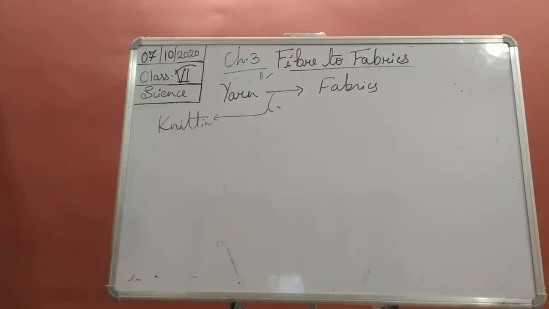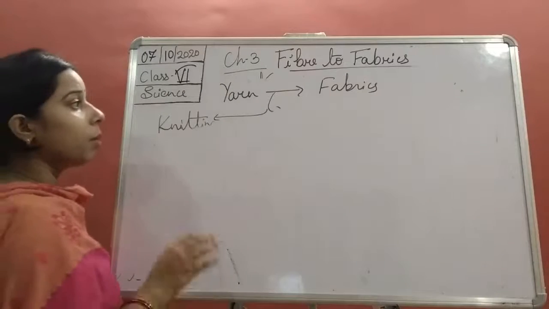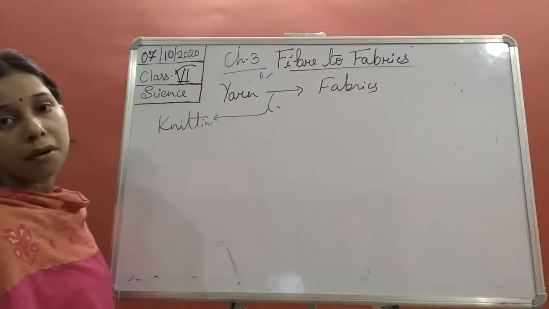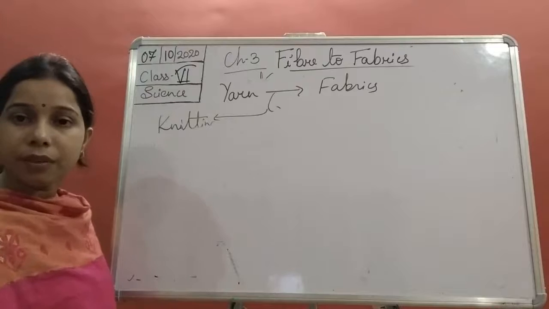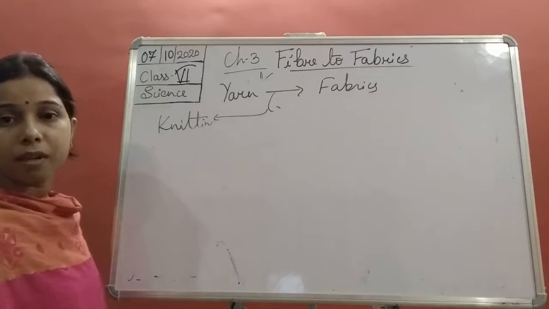So you see students, knitting is what? The process of making the fabric. Because I told you that yarn helps in making the fabric. That will include weaving and knitting. So both of them are responsible for the formation of the fabric.